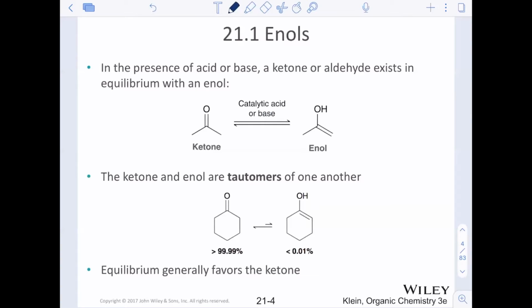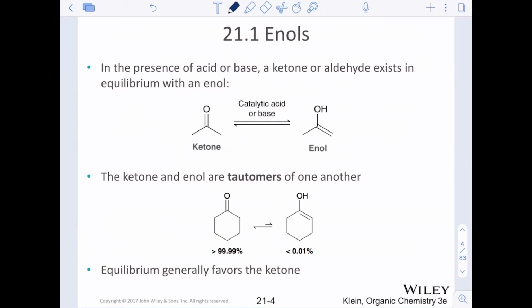So in the presence of an acid or base, a ketone or an aldehyde can exist in equilibrium with its enol form. We remember that they were tautomers. Generally the ketone, the carbon-oxygen double bond, is more favorable than the carbon-carbon double bond, which is why we always tautomerized to our final product last semester to the carbon-oxygen double bond.